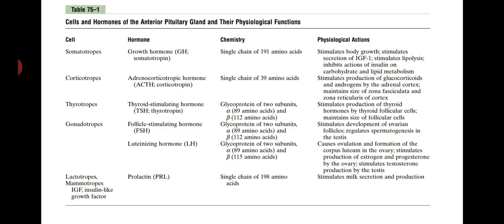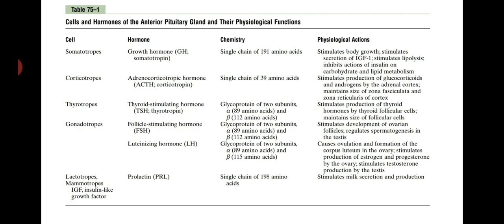Next, the gonadotropic hormones produced by gonadotropes. These are of two types: follicle stimulating hormone and luteinizing hormone. These hormones are responsible for the growth of ovaries and testes and control their hormonal and reproductive activities.